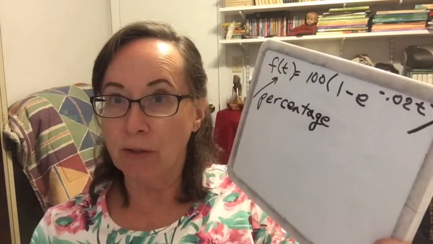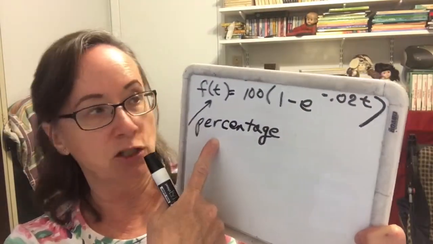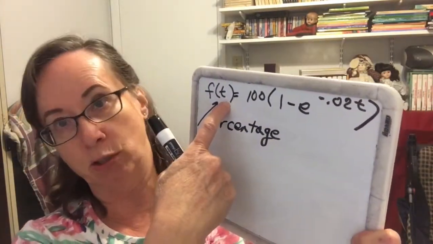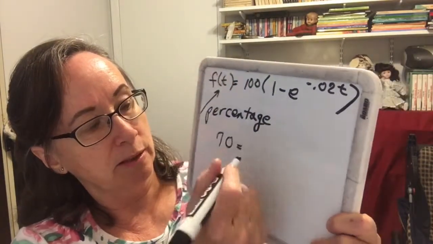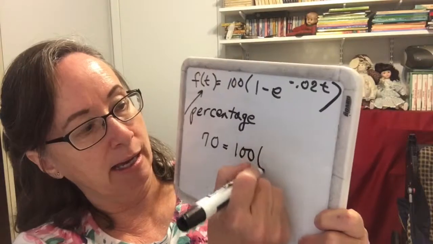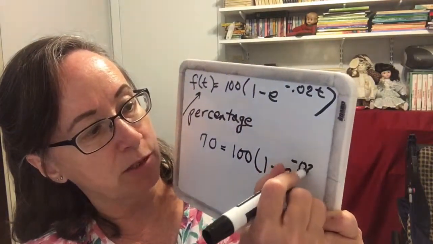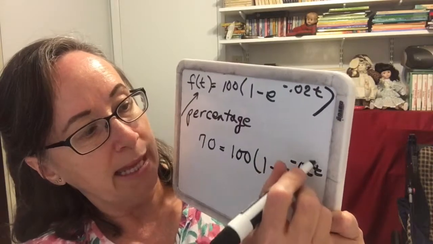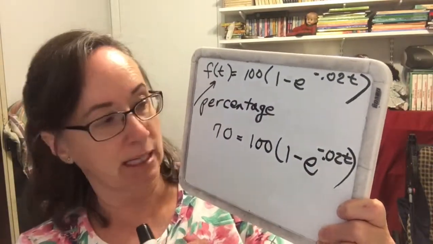Okay, so we're going to do this with the graphing calculator. What we want is our percentage to be 70%. So we're going to put 70 equals 100 times 1 minus e to the negative 0.02t, and we're just going to plug all this into the graphing calculator.